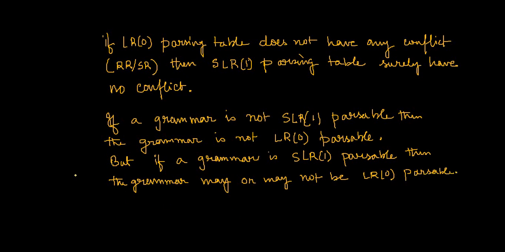I mean, you can draw something like a Venn diagram. If something is LR0 parsable, definitely it is also SLR1 parsable. But if something is SLR1 parsable, it may or may not be LR0 parsable.